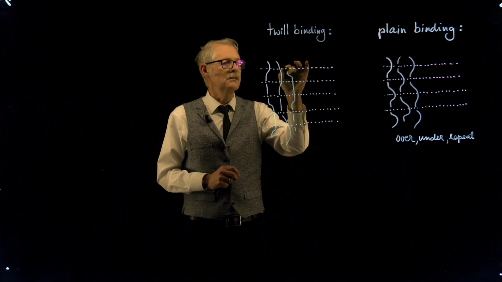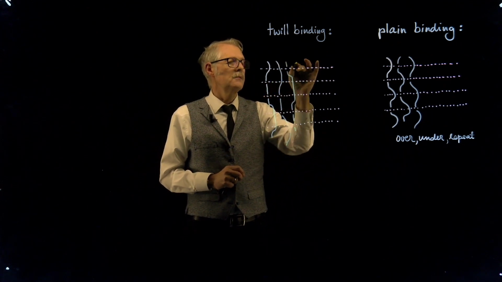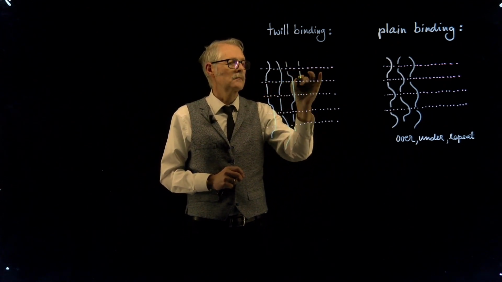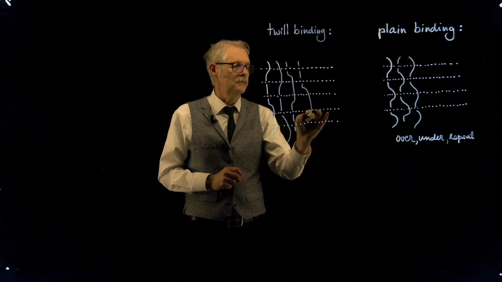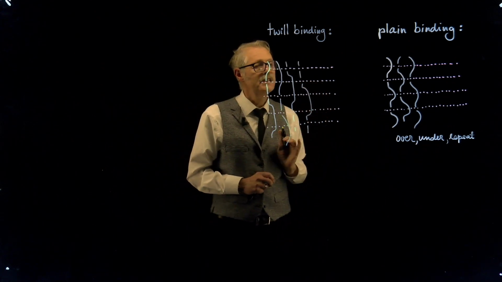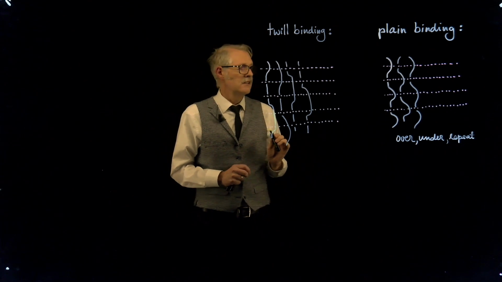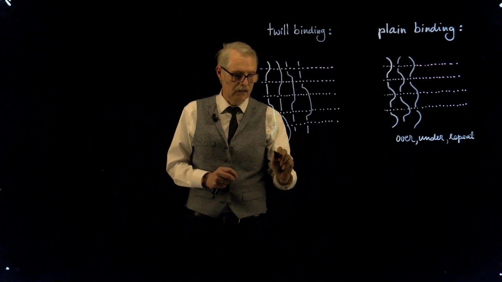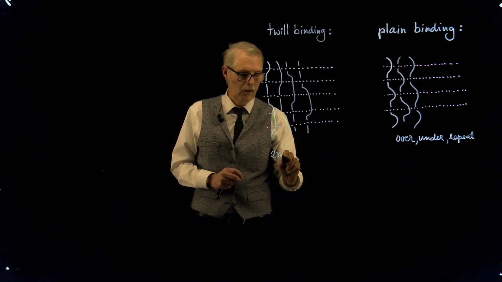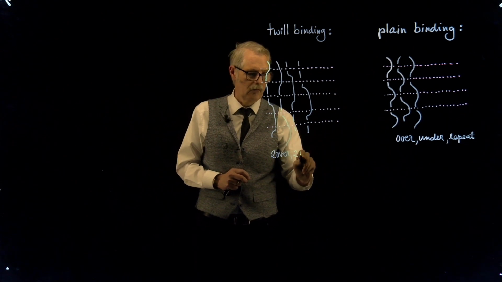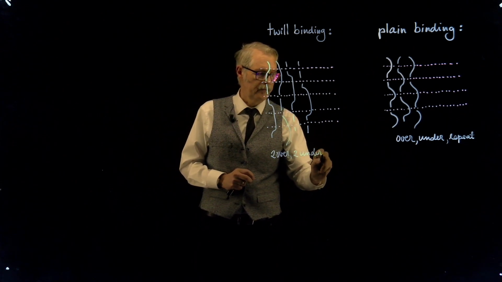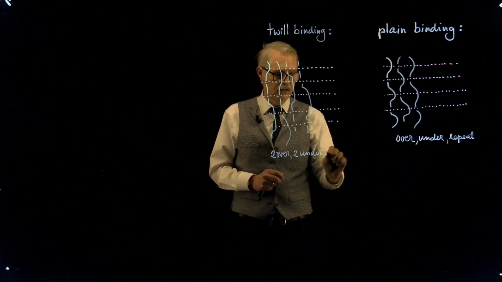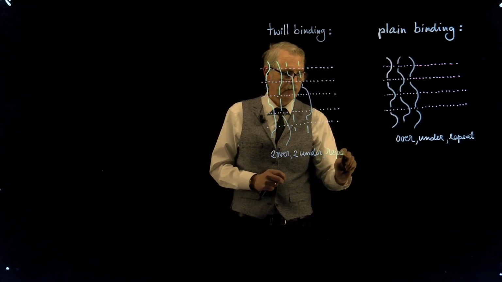So this must be an under as well. Here we would even have two under, two over, two under. So you see the general pattern. The general pattern is two over, two under, and then repeat after four.